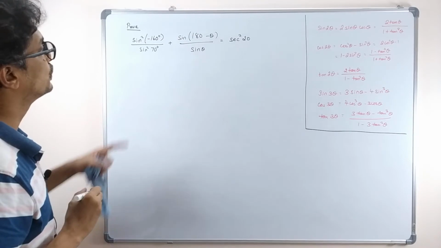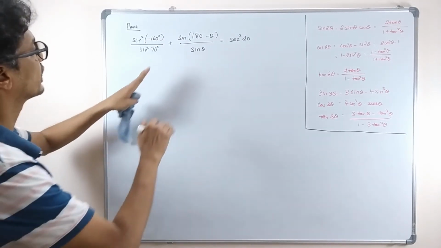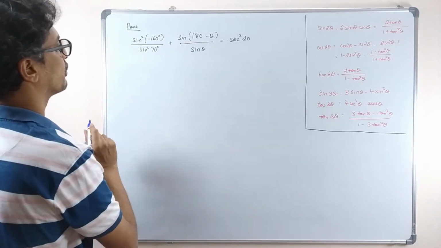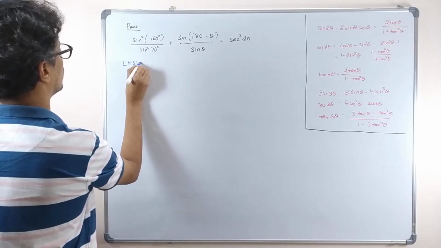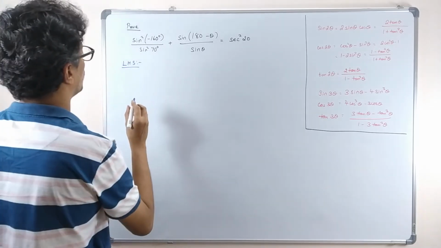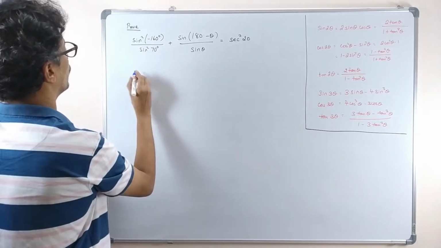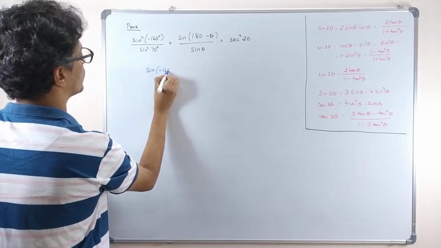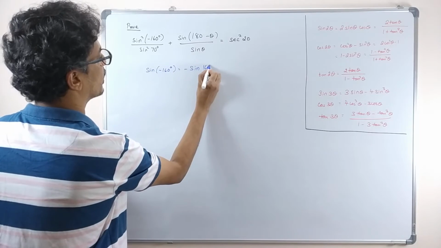So let us do this problem. Okay? This is also simple. So first, we want to prove this one. Let us start with the LHS. Okay, before we start, let's do some simplification. So sine of minus 160 degree will be equal to minus sine of 160 degree. Am I right?